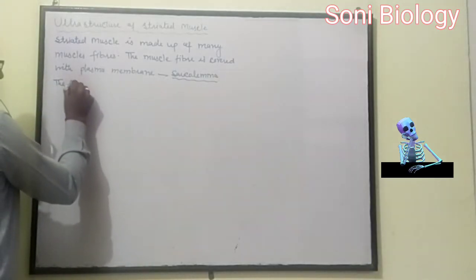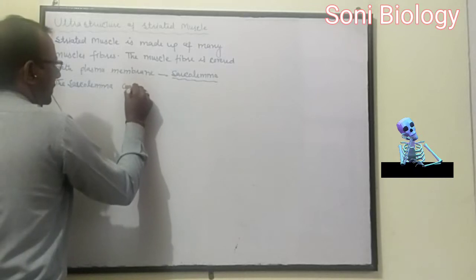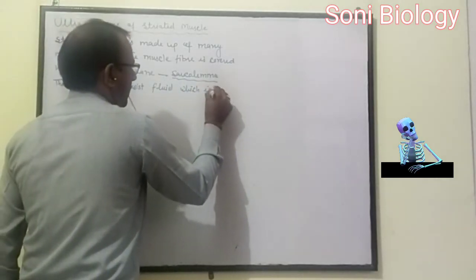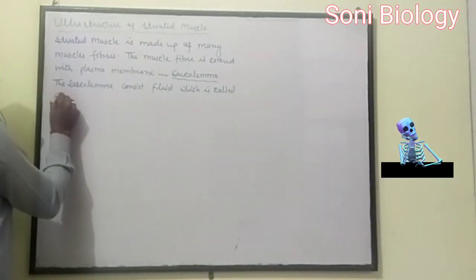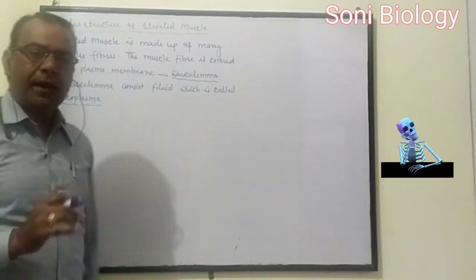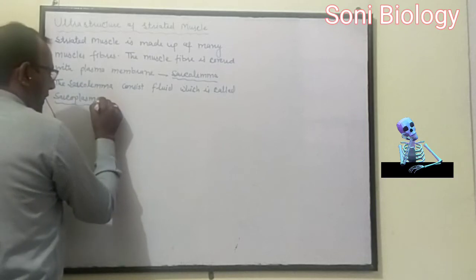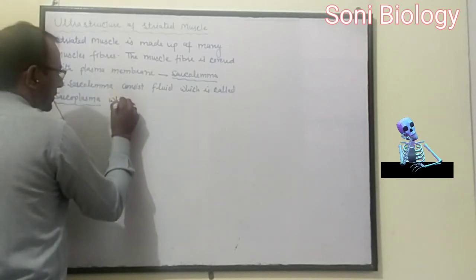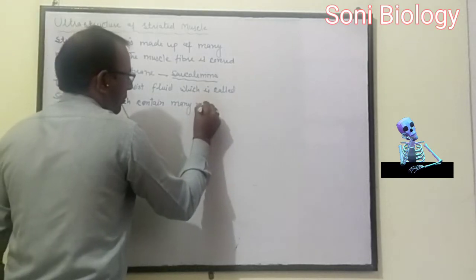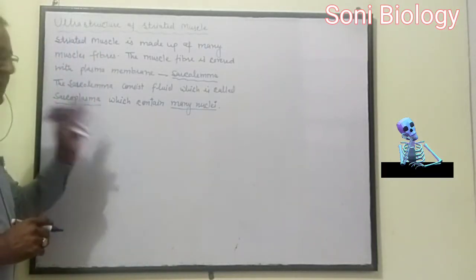This sarcoplasm contains many nuclei, because we know that striated muscle is multinucleated, so there are many nuclei present in the sarcoplasm.